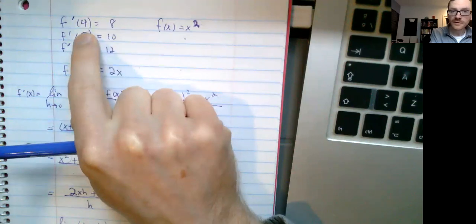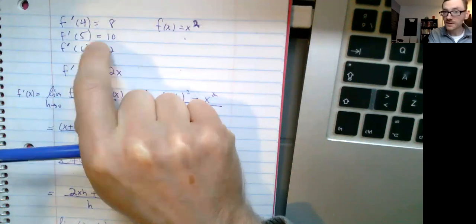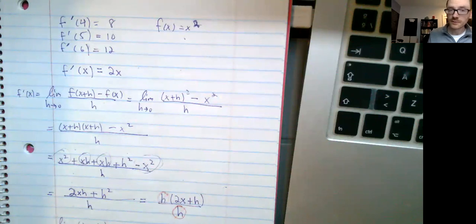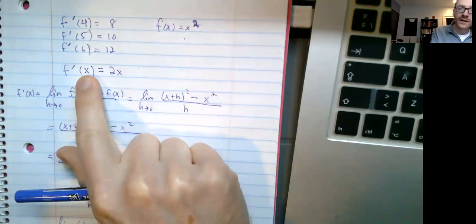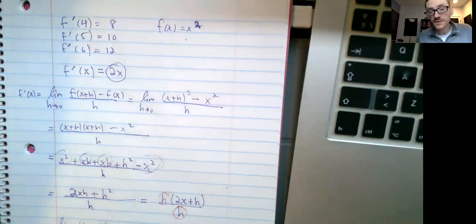Like the derivative at 4 is 8, which is a number. The derivative at 5 is 10, which is a number. But if you compute the derivative at not a specific number, but at a general arbitrary unknown value, which we call x, then what you actually get is a function, right? This is a function, not a number, that's a function.